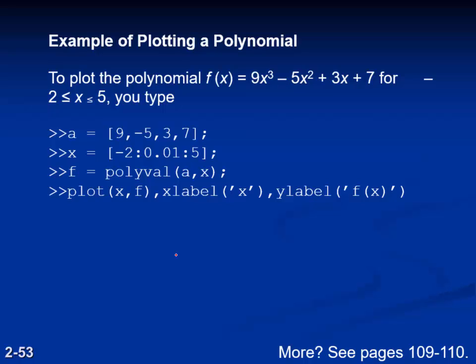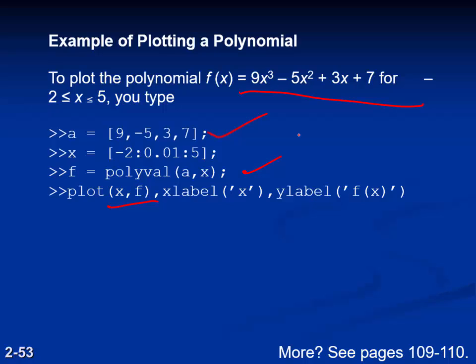What we do is define our polynomial by filling in this array: 9, -5, 3, 7. Then we define our values of x, the range in which we want to plot it. Then we say f is equal to polyval, and then we use plot x, f. So polyval creates a new array called f that evaluates this polynomial. We don't have to write a function for evaluating this polynomial.